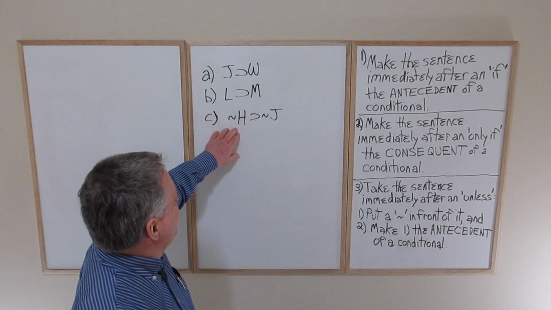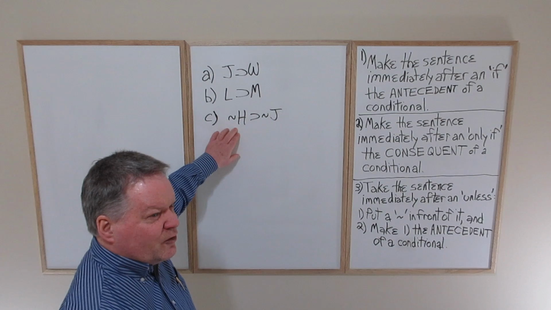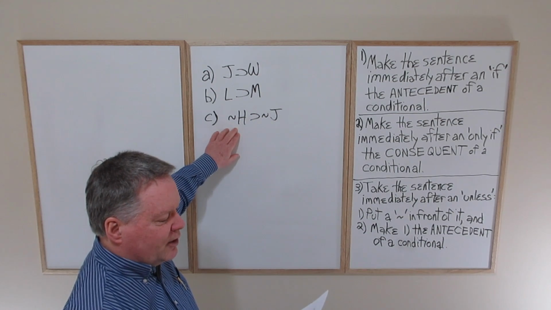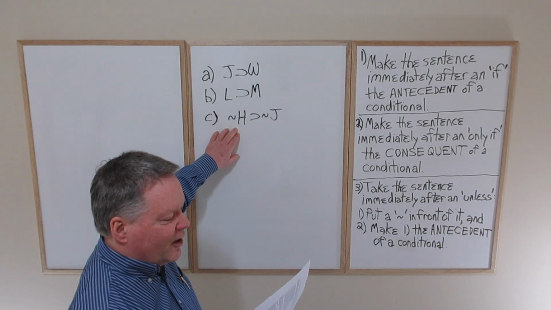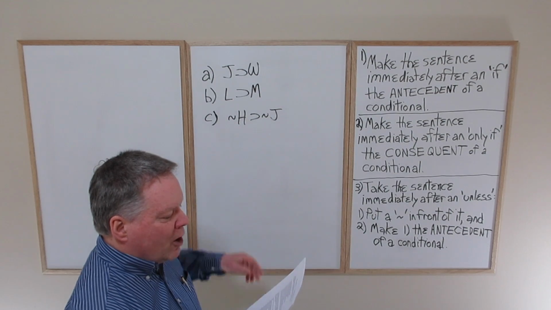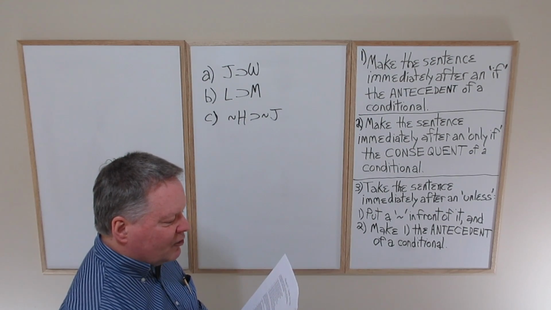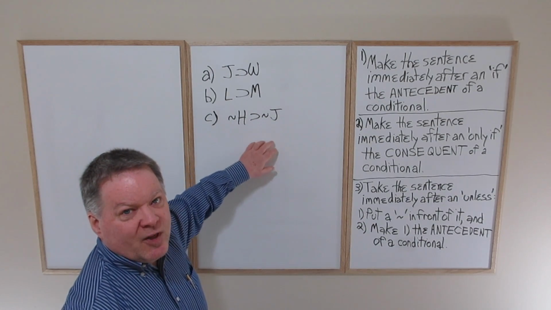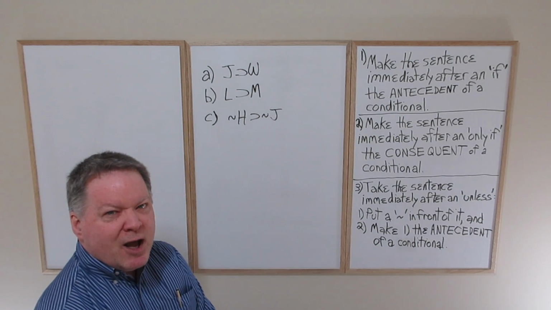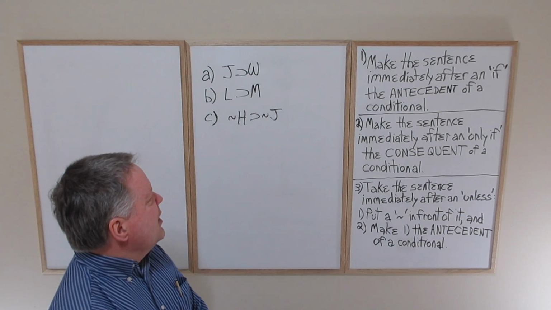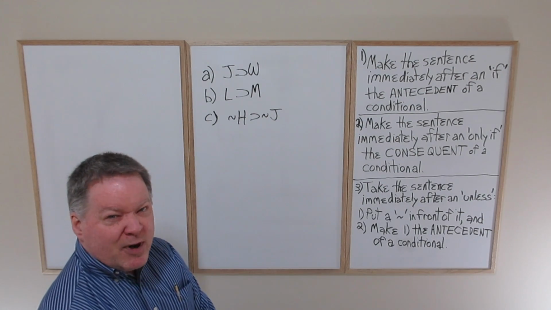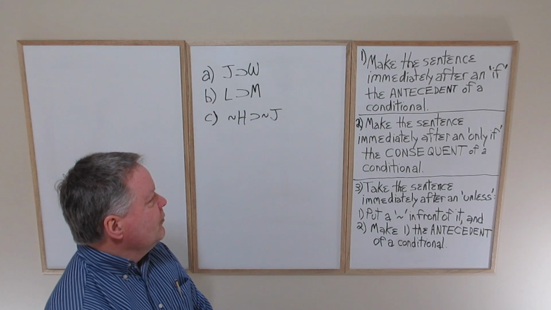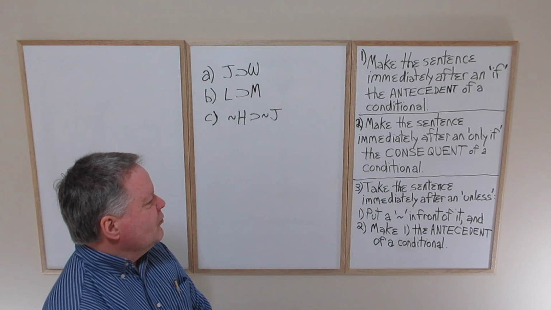Does this indicate the same commitment about how the world is that's indicated by the English sentence, John will not make supper unless he is very hungry? If John isn't very hungry, then he won't make supper. Yes, this third one indicates the same commitment about how the world is as the English sentence.